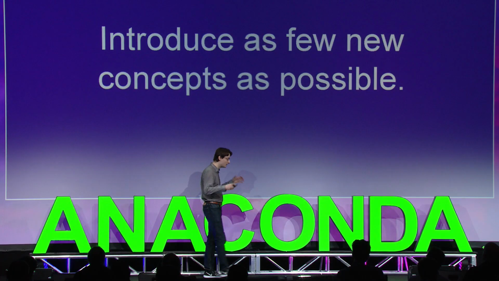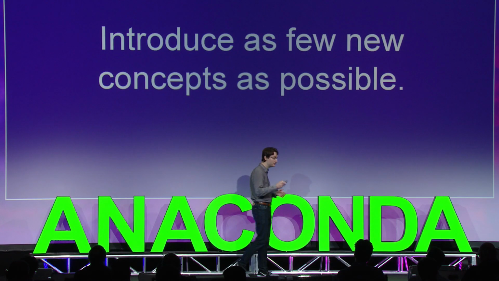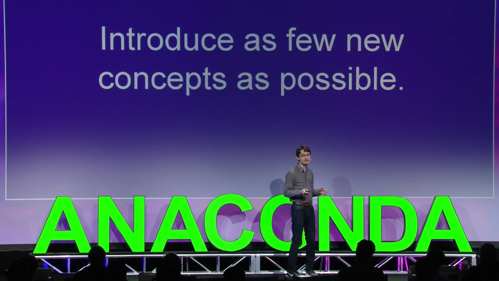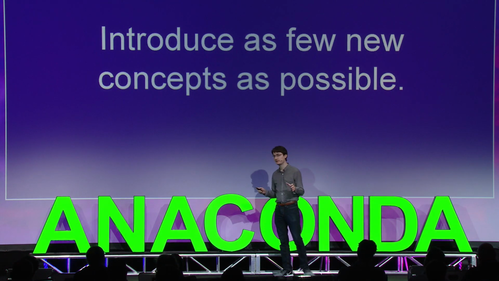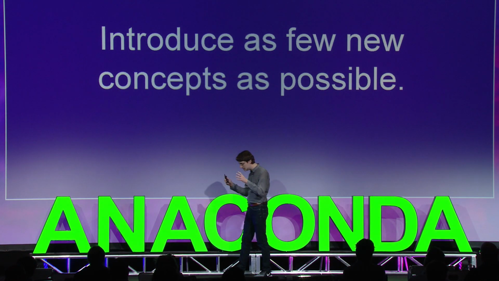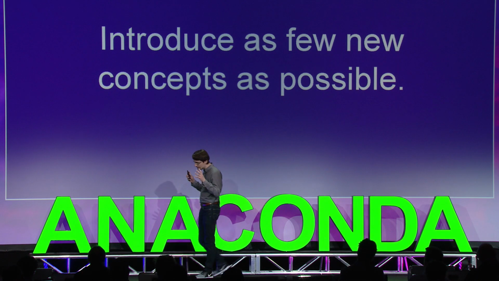And a last critical part of reducing cognitive load is introducing as few new concepts as possible. So cognitive load: a big part of it is, as a user of a software library, when you're working with it, sometimes you're working with docs and tutorials, but a lot of the time you've just internalized some kind of mental model of how it works, right?